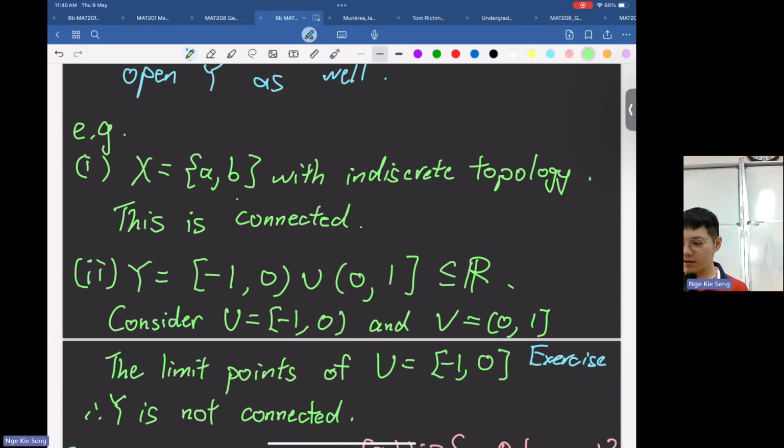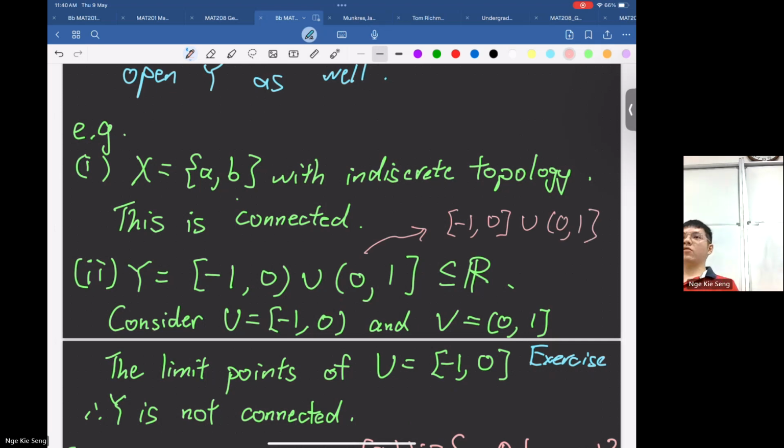If I change this question to this, connected or not? This space is really [-1, 1], right? Later we'll prove that any interval in the reals is connected.